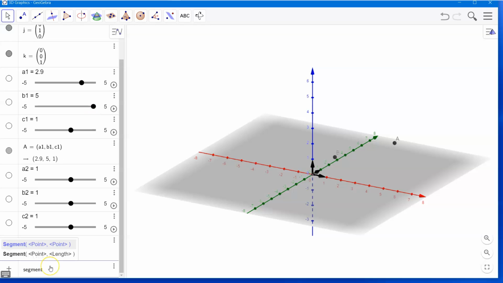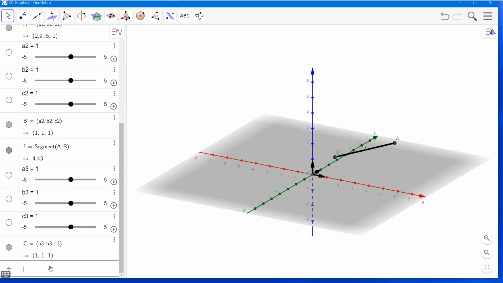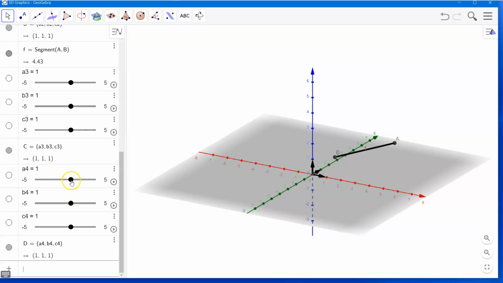Now let's connect these 2 points, segment a comma b. Now let's create 2 more points, and a segment between them. So let's say a3, b3, c3, and similarly a fourth point, a4, b4, c4, and again let's move them around.